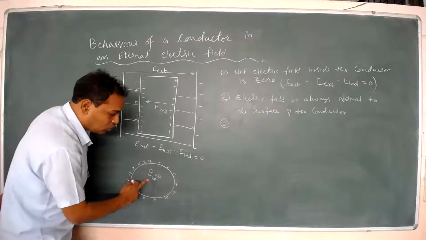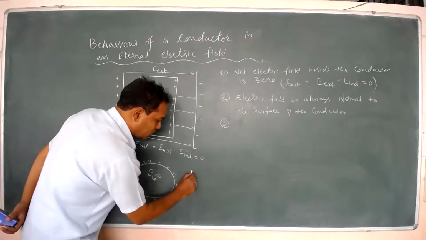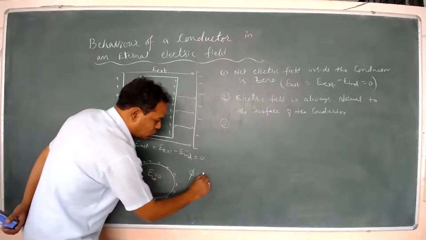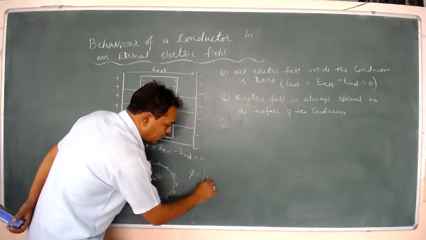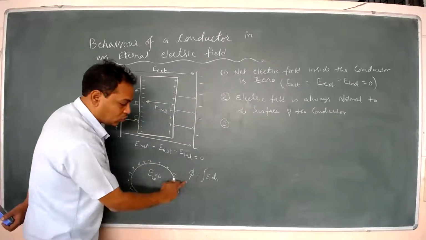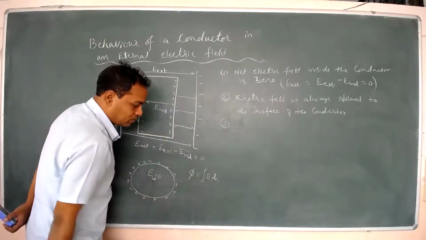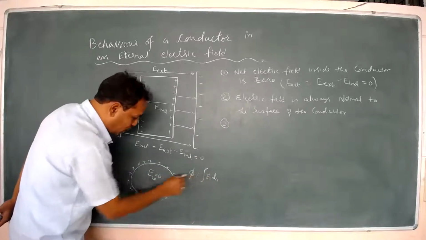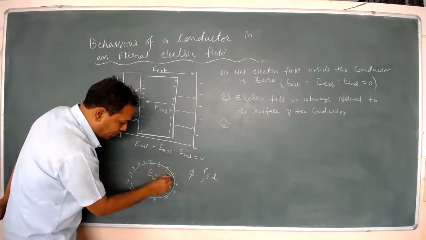If this is 0, we know one formula: the flux passing through this surface is equal to the integral of E dS. This is the formula. Flux is equal to E into dS, the surface area.